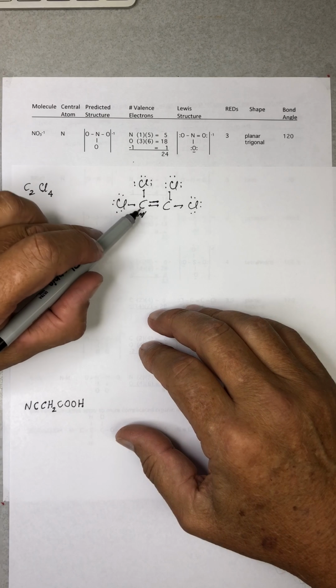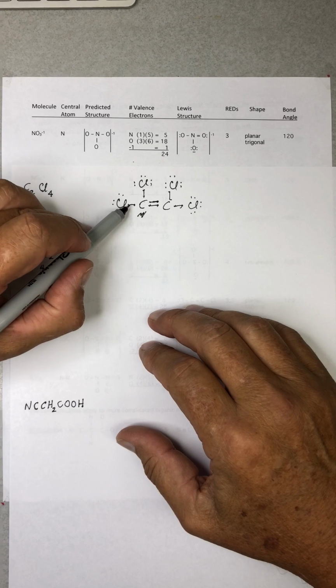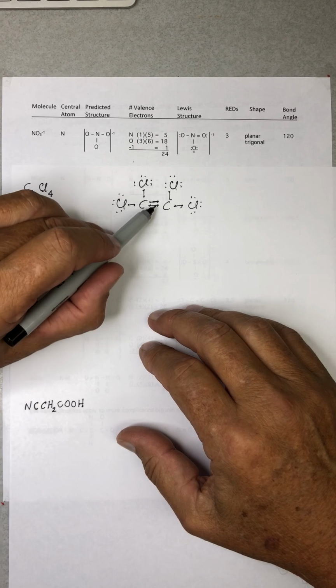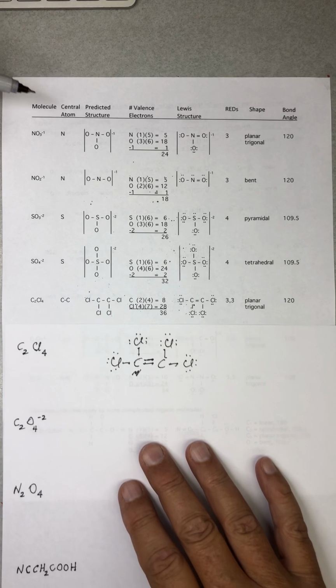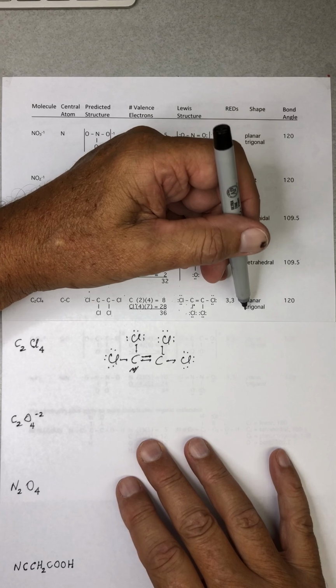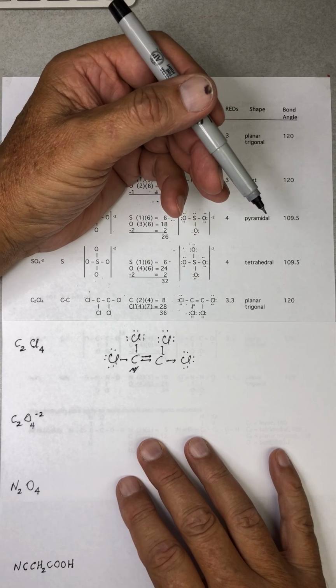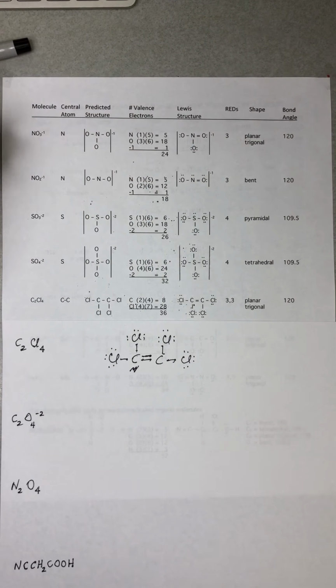So the 2 central atoms both have 1, 2, 3 regions of electron density around them, making this planar trigonal, and the bond angle is 120 degrees.